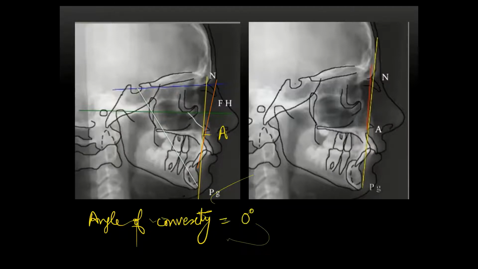If they don't lie in a straight line and this point is, say, forward, there will be some angle. When point A is forward, it has prominent maxilla. And if point B is forward, then it is prominent mandible. So that is class 3.